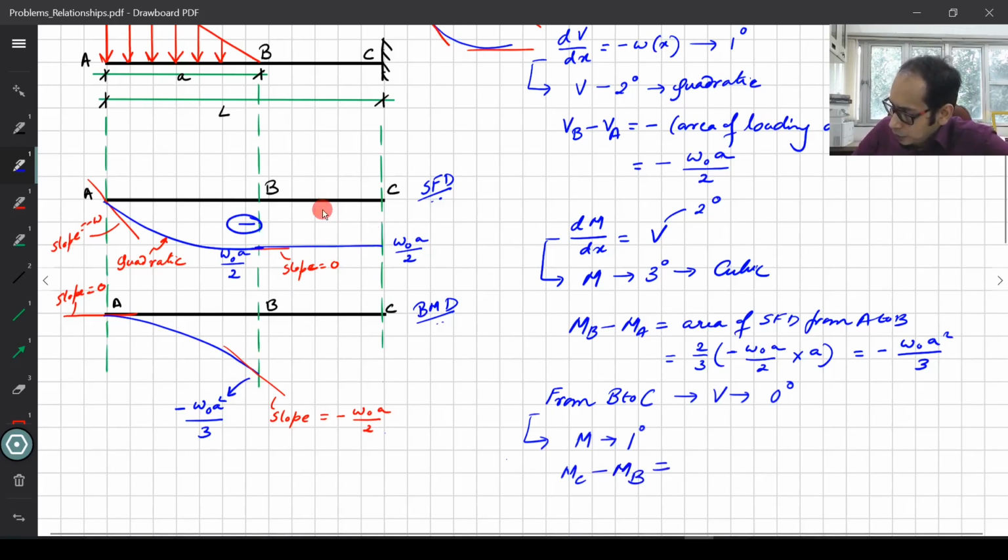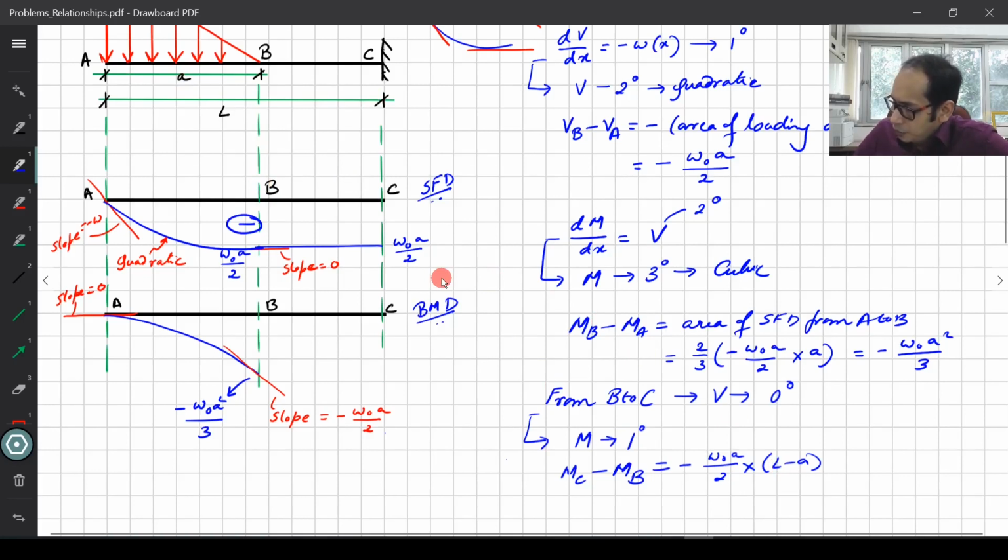So that is going to be minus of minus, because your shear is negative over here, minus W naught A over 2 times L minus A, because this is the remaining distance. So I'm trying to find this area of this circumscribed rectangle over here. So this is the ordinate, and this total distance is L, this is A. So this distance from B to C is L minus A, which I wrote over here.